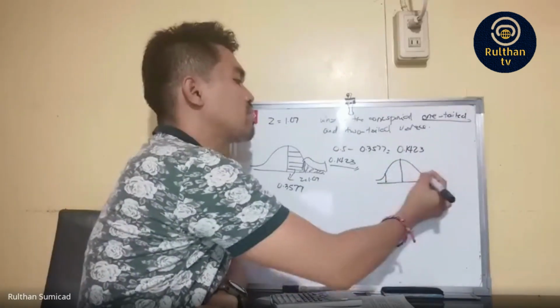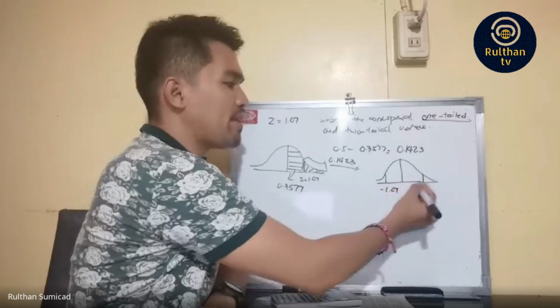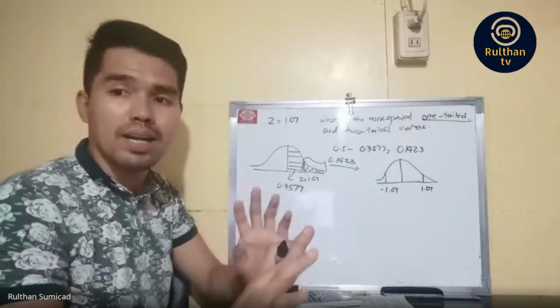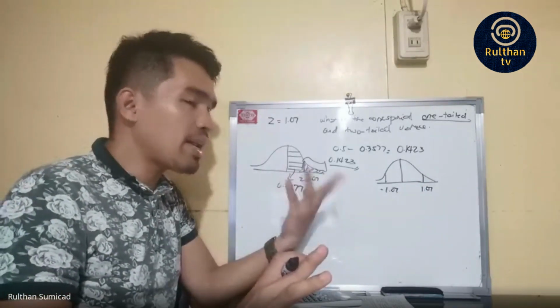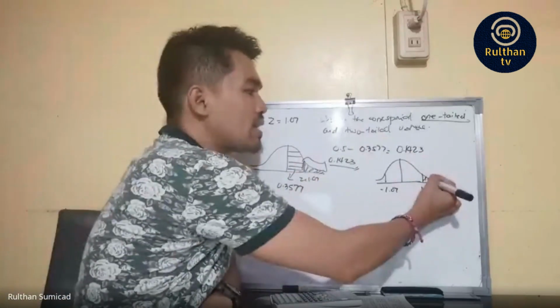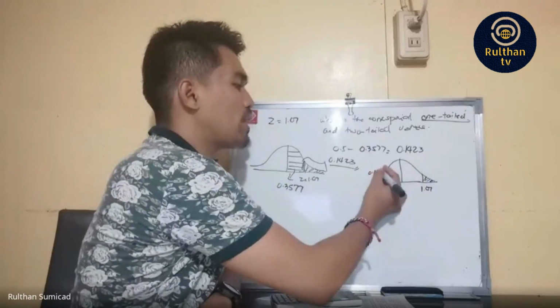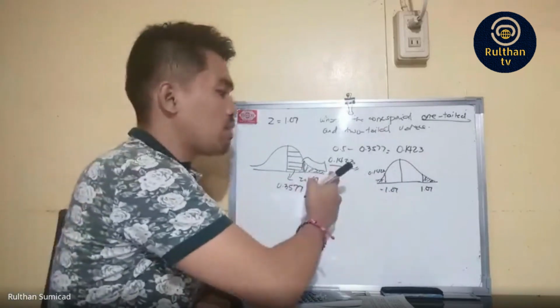Okay? Now, for two-tailed tests, what will happen is like this. There are two rejection areas. This is negative 1.07 and this is positive 1.07, because there are two regions already, inclusive of the positive and the negative, meaning above and below the mean. So the rejection area here is 0.1423, correct? Because that's the same with this one.